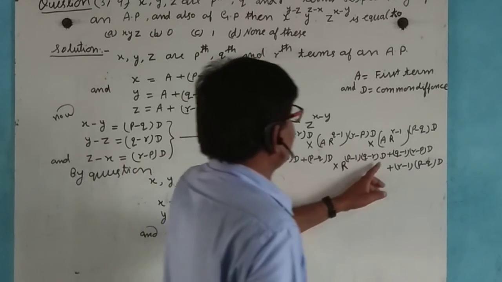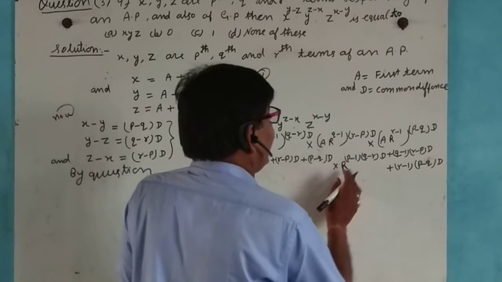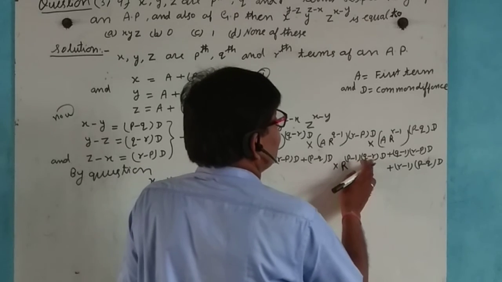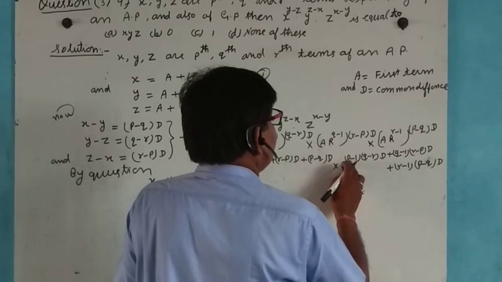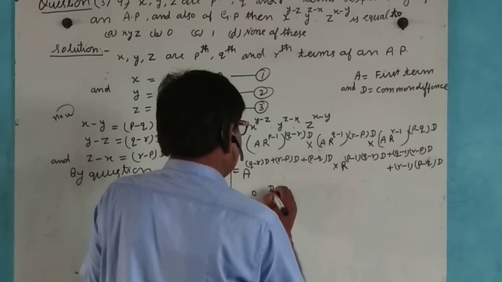And in this case we take the common d, r to the power p minus 1 and q minus r, here multiply this r to the power, we take the common d.